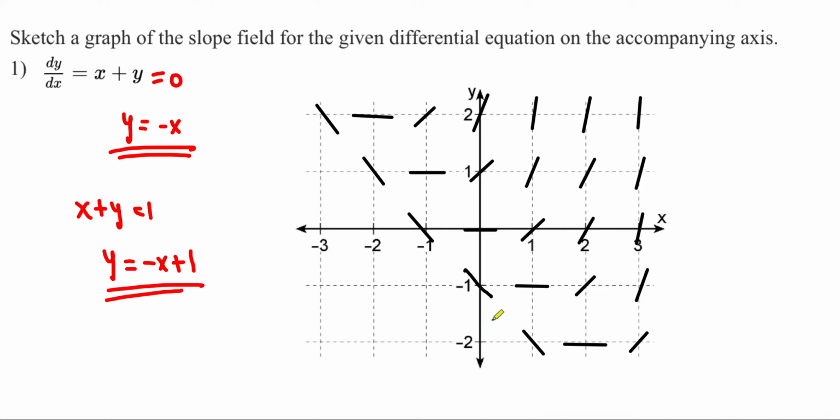And at 0, negative 2, slope will be negative 2, so it's going to be steeper. When x equals negative 1, y equals negative 2, it's even steeper. Slope is negative 3. And here, slope is equal to negative 4, and here negative 5. So something along that line would have been our sketch of the slope field.